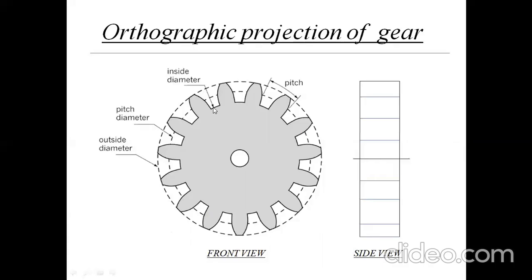Its diameter is always less than the pitch circle diameter, and the addendum circle is outside the pitch circle. So the addendum circle diameter is always greater than the pitch circle diameter. All these three circles are always concentric circles.